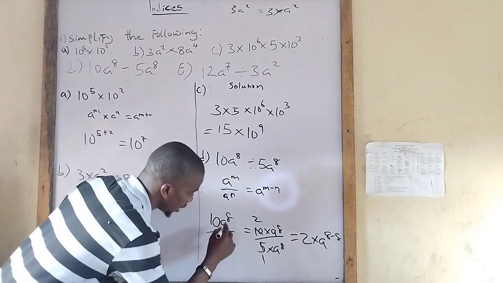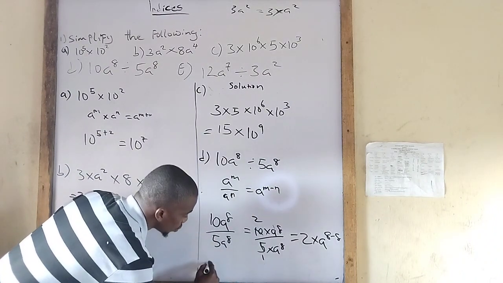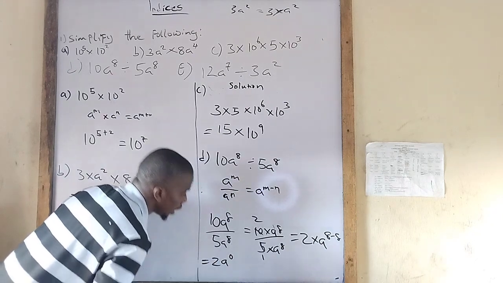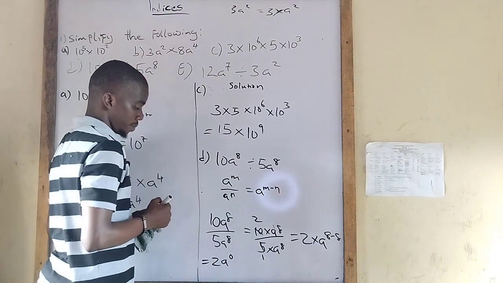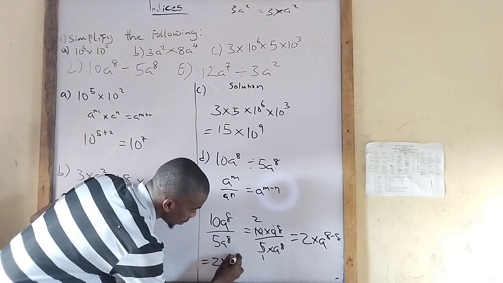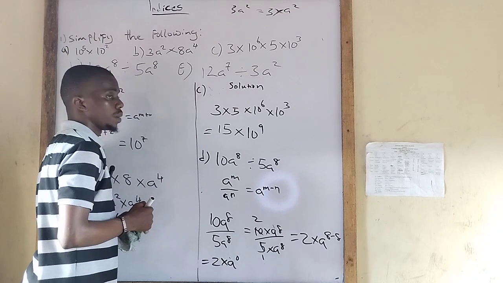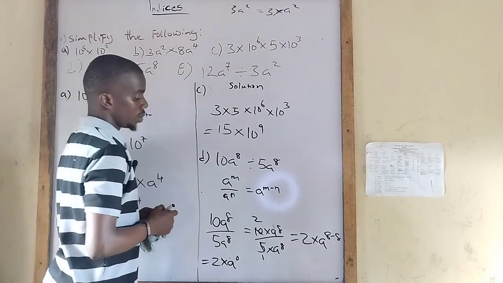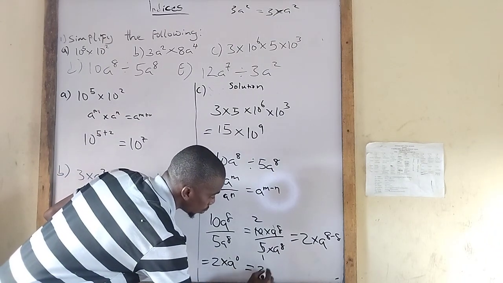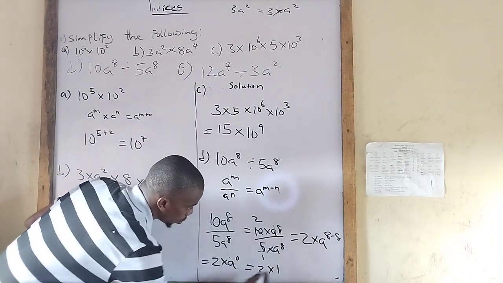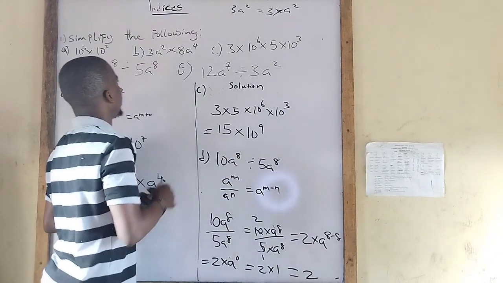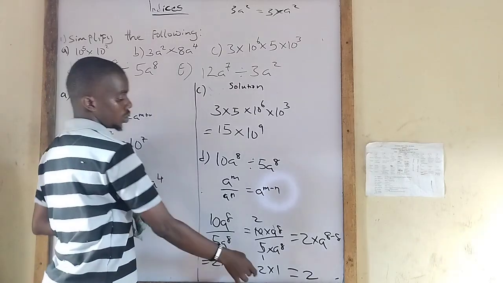So this is equal to 2a raised to the power of 0, and you know that any number raised to the power of 0 is equal to 1. We have that 2 times 1 is equal to 2. Okay, so this expression is equal to 2.